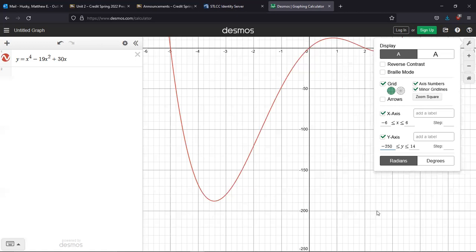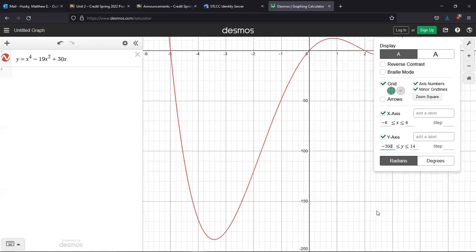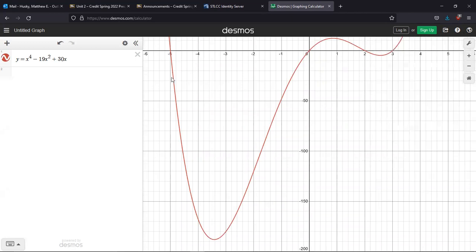Looks like 200 will be good enough. So -200. Okay, there you have it. That graph goes down pretty low. But anyway, here we go. You can just hover over them and you find the x-intercepts right there. So there you go. We've got this very nice graph here.